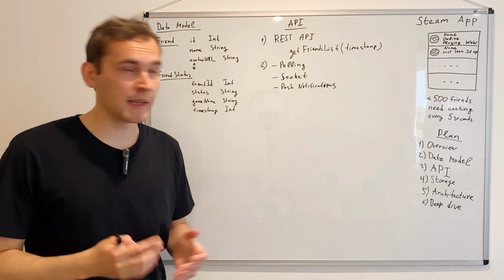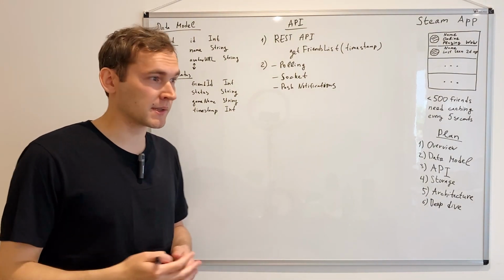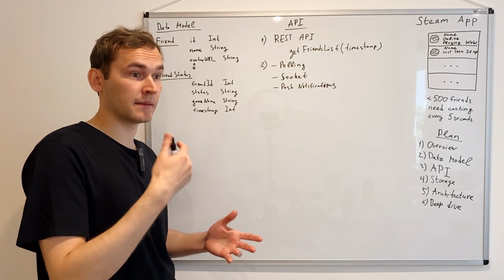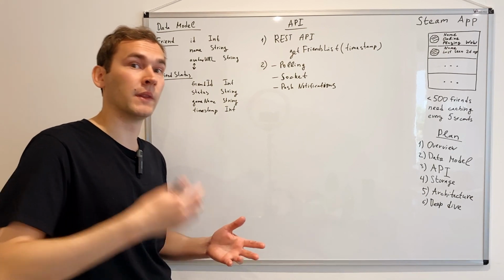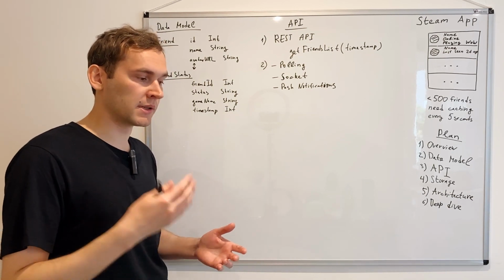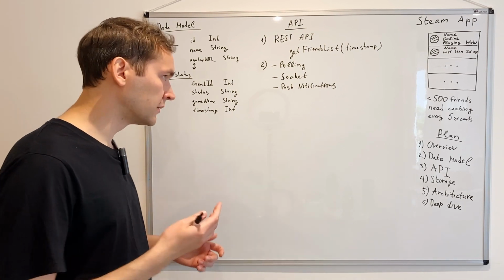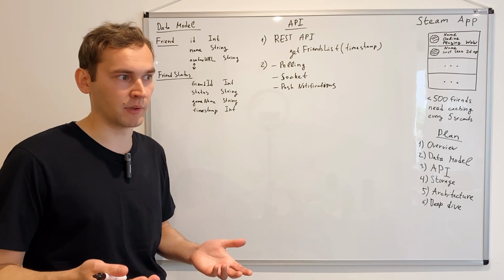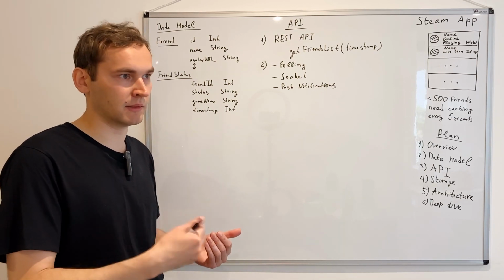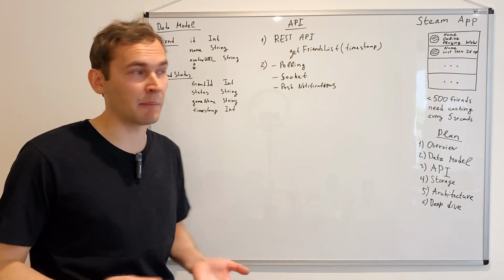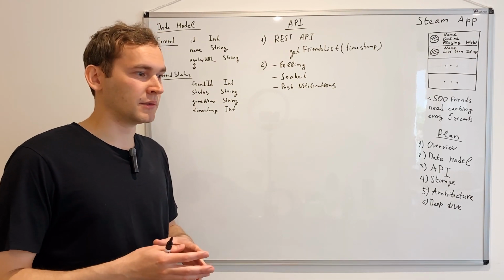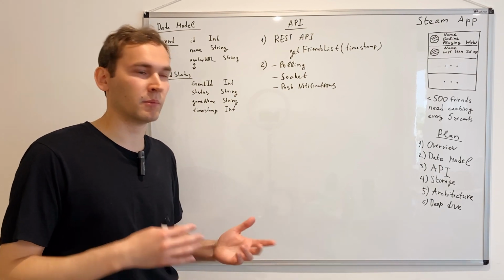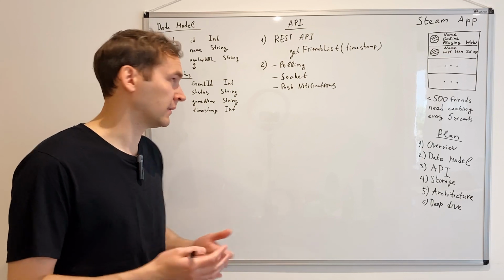But I would say this one is not the best solution either, because on the server we would need to understand if the app is open at the moment, and we don't know this on the server. Sending push notifications to all the apps of all users, which may not be open at the moment, is not a good solution, because we would be sending a lot of redundant push notifications. And creating a mechanism to understand on the server if the app is open right now or not would probably be redundant as well.